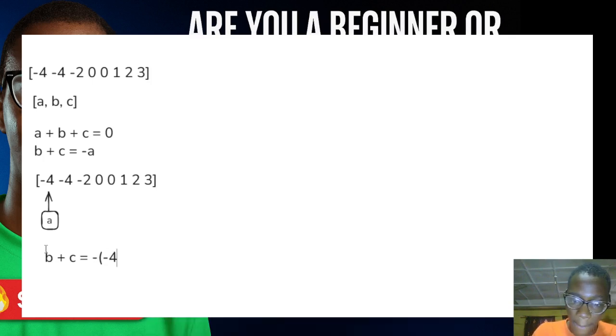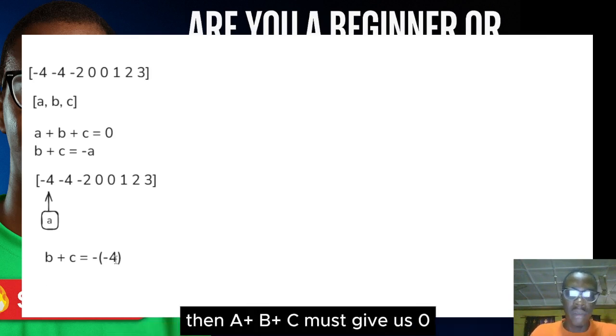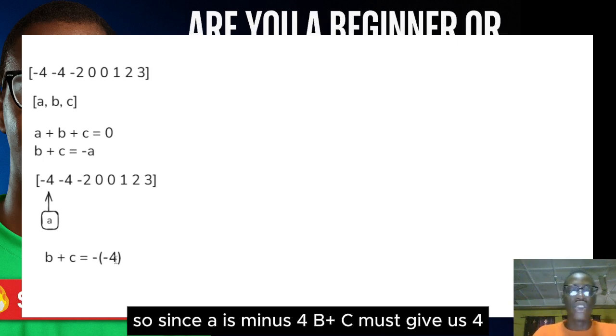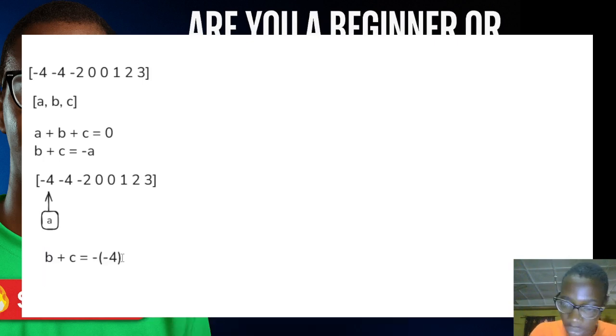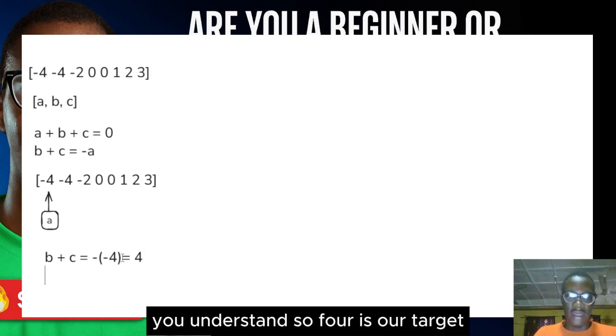Since a is -4, b plus c must give us 4. So what we're looking for really is 4. You understand? 4 is our target.